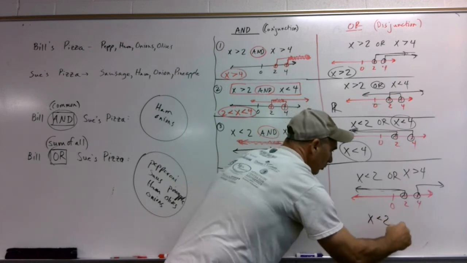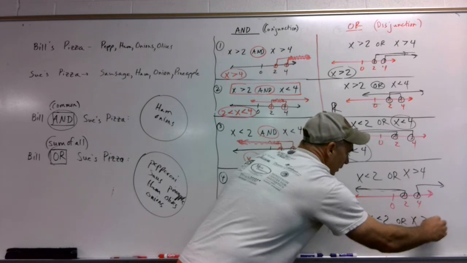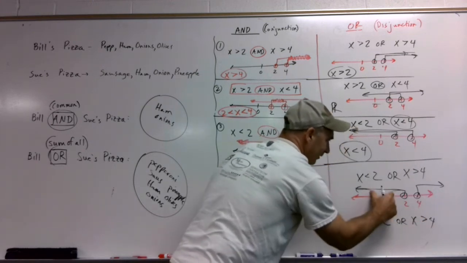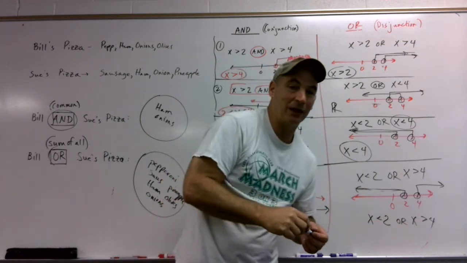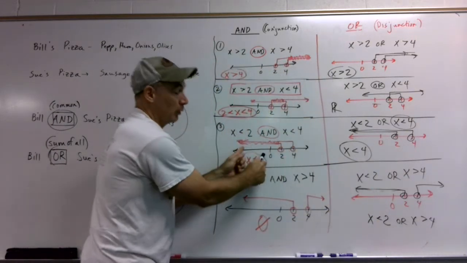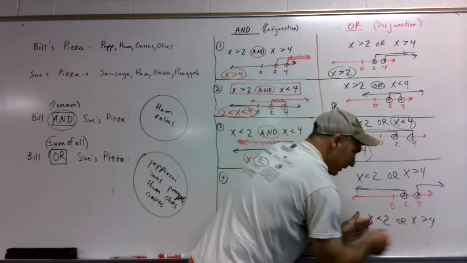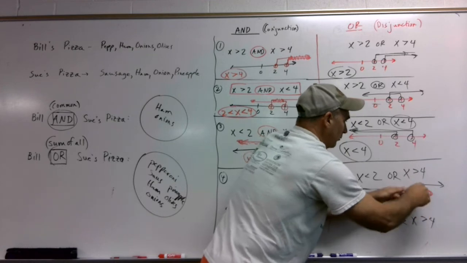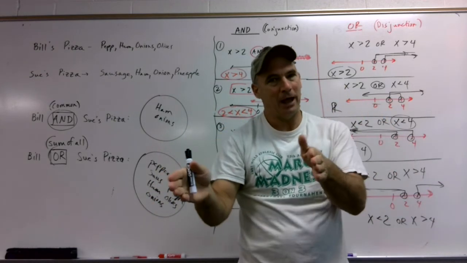X is less than 2 or x is greater than 4. Because this explains this and this explains this. No, they don't have anything in common, but we don't worry about that because we only think that way when we're talking the word and. So there's my simplest expression for what's going on there. All right, we're going to work more on those sample problems in our packet coming up.